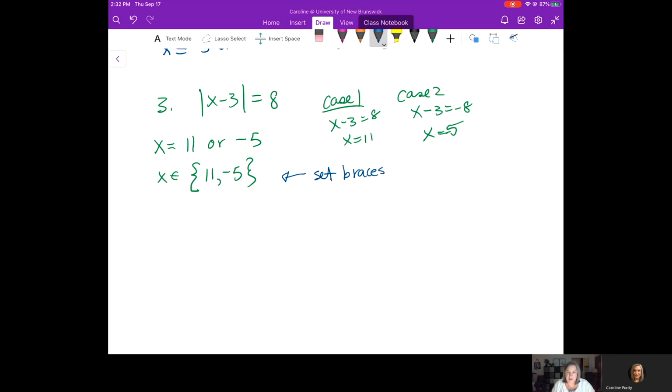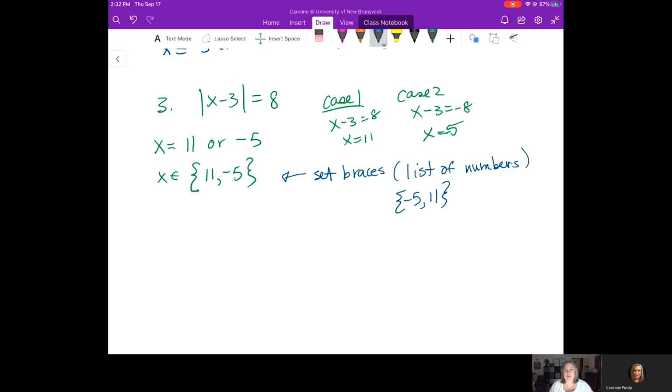And anything in set braces is just like a list of numbers, not even in any specific order. So I could have said -5 and 11 in curly brackets, and that just means those two numbers and nothing else. Okay, so that's how we would answer that question.